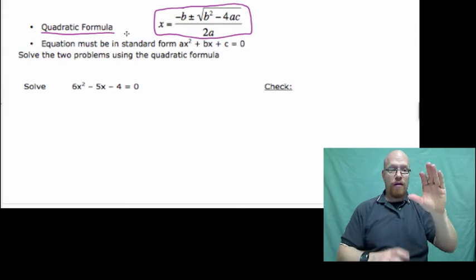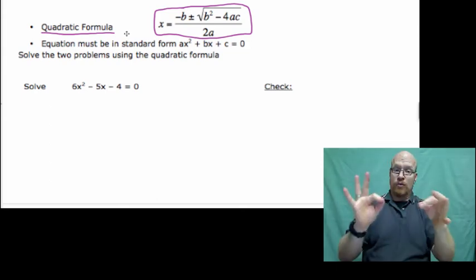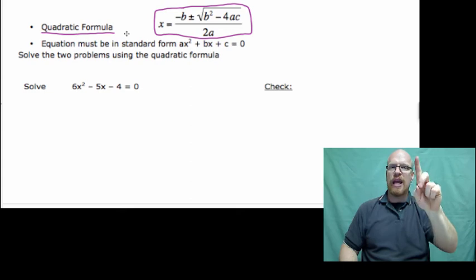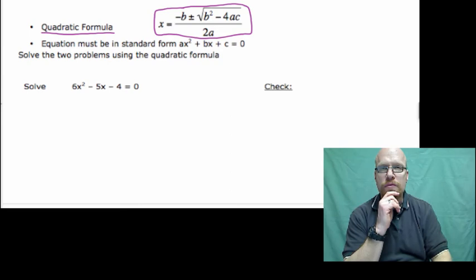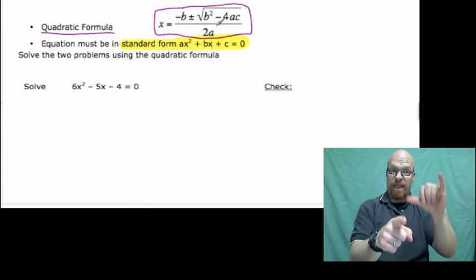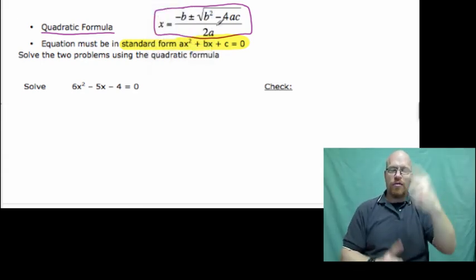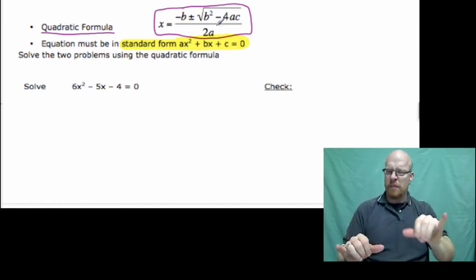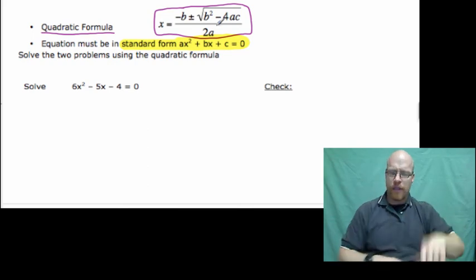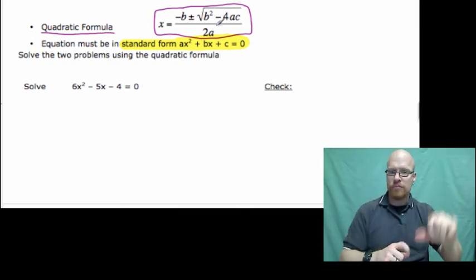Now, the first requirement for the quadratic formula is that the equation has to be in standard form. Let me show this now. ax squared plus bx plus c equals 0. This is standard form. It's the one we've used for factoring.